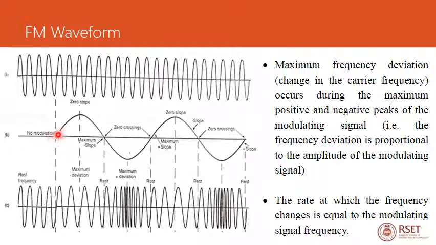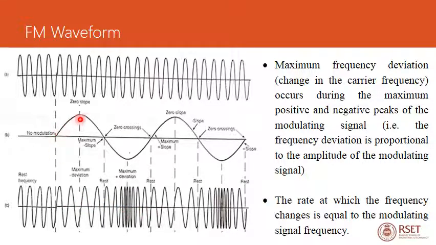When the modulating signal is applied, the frequency of the carrier signal starts varying in proportion to the modulating signal. In this figure you can see that the maximum frequency deviation, that is the change in the carrier frequency, occurs at the positive and the negative peaks of the modulating signal.